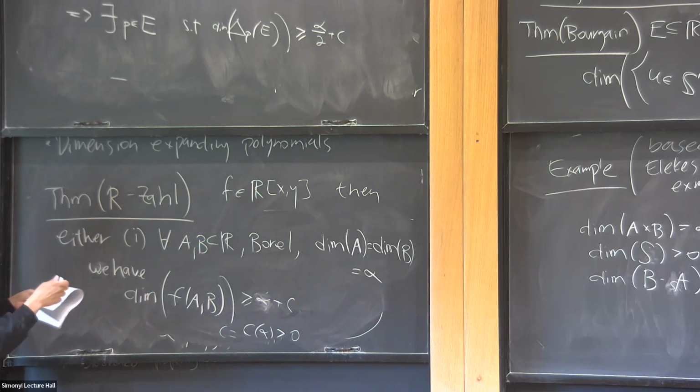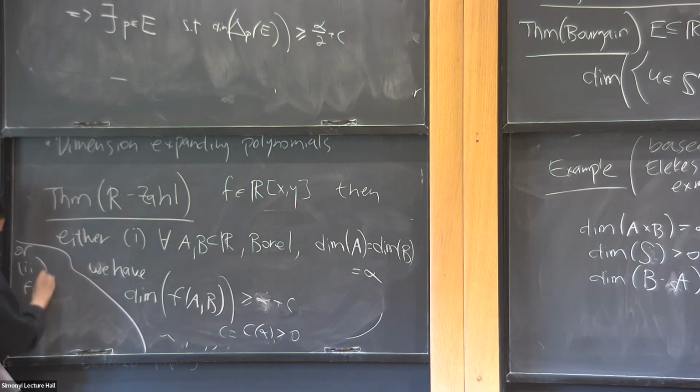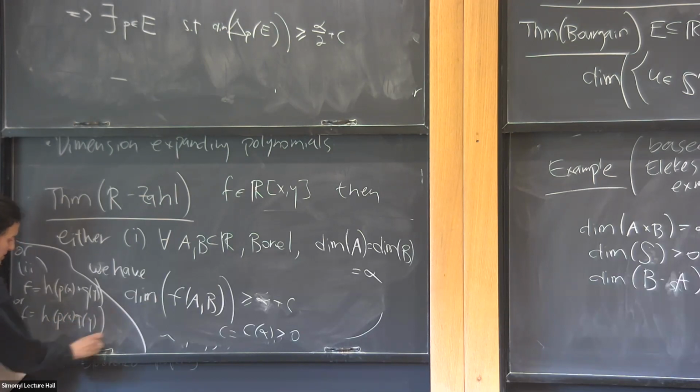And the other alternative is that f is special, in the usual sense: f has one of these special forms. So if we started with a polynomial, we will have this form.